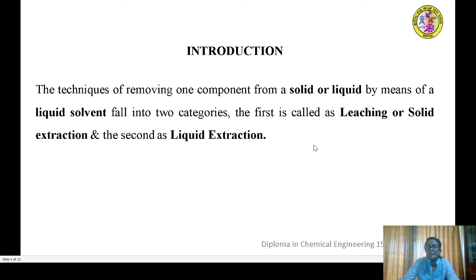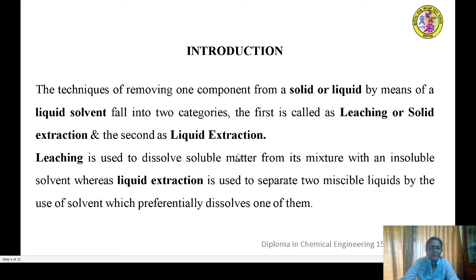Another is liquid extraction, in which a liquid component of a liquid solution is removed using another immiscible solvent. That is what you call an extraction operation. It can either be a solid extraction or a liquid extraction.